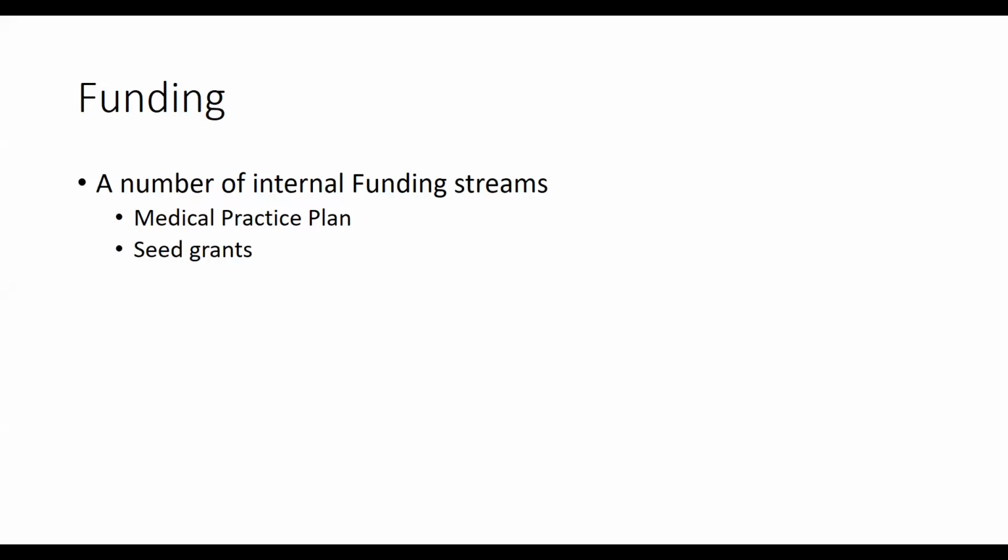And I'll show you shortly on the next slide, the amount of this funding has been increasing steadily over the last 10 years since Dean Sayegh took over the deanship of the Faculty of Medicine. As I mentioned earlier, there was a major investment in research, and part of it, in addition to the CRI, was ensuring there's adequate funding for faculty. The MPP is on a competitive basis, so faculty apply.